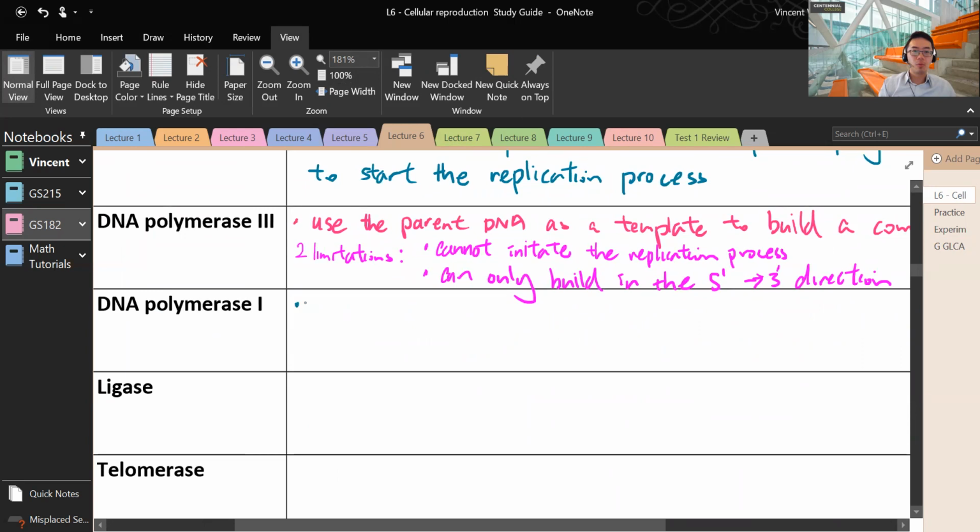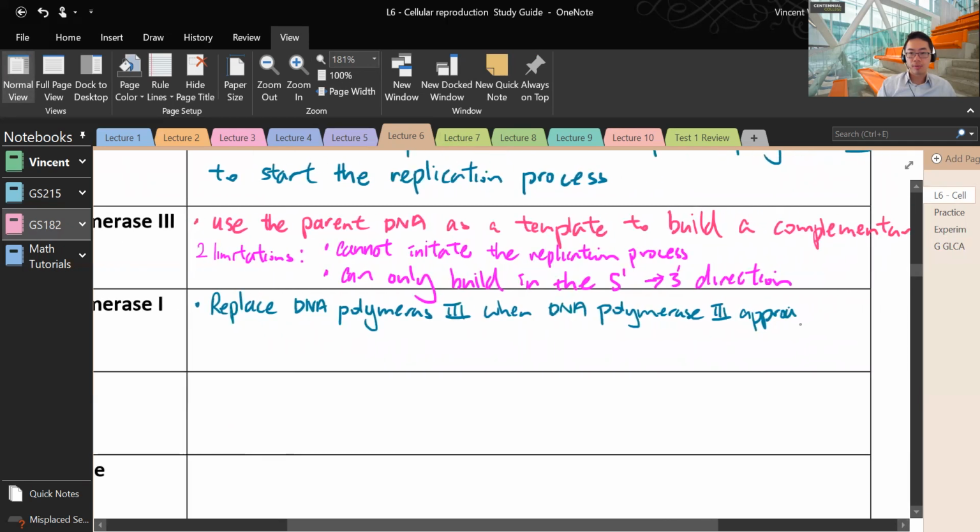So DNA polymerase 1 will replace DNA polymerase 3 when DNA polymerase 3 approaches an RNA primer.